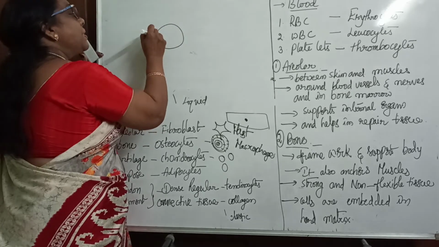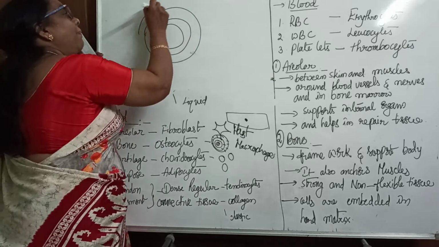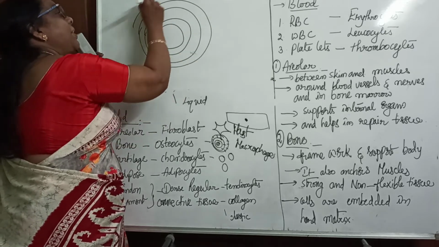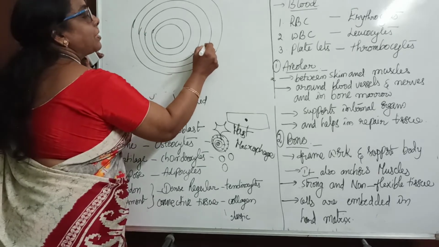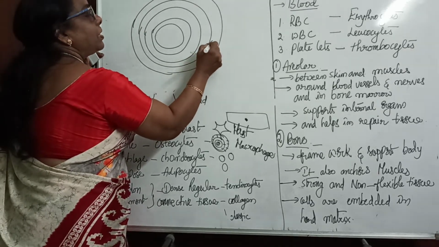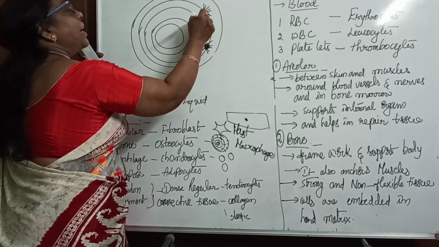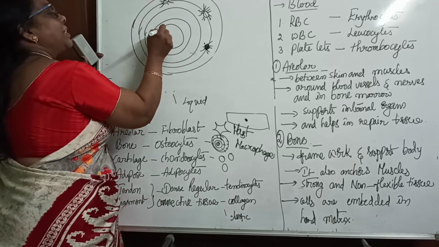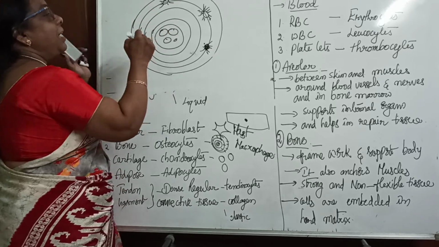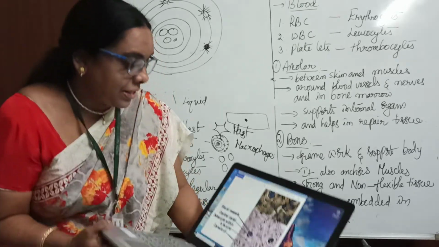This is the first, second, like this, concentric ring-shaped structures we can see. All these concentric rings have cells, osteocyte cells, inside each ring, and we can see the binding ring-like structures, which we call canaliculi.